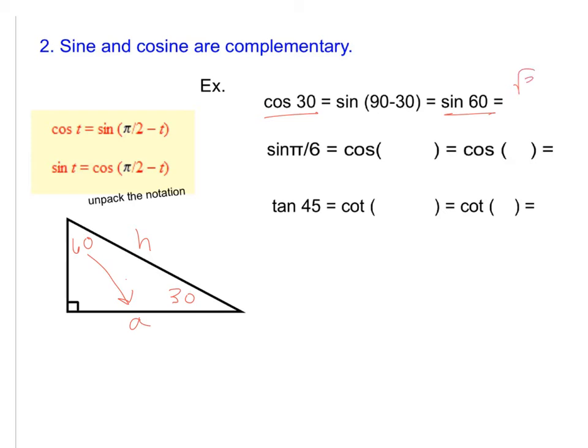So that would mean then that the sine of pi over 6 is going to be equal to the cosine of pi over 2 minus pi over 6, or the cosine of pi over 3, which is 1/2. Okay? The tangent of 45 would be the same as the cotangent of 90 minus 45, which is 45, which is 1. So you can see here that we could use this. This will be used less frequently than some of the other properties.